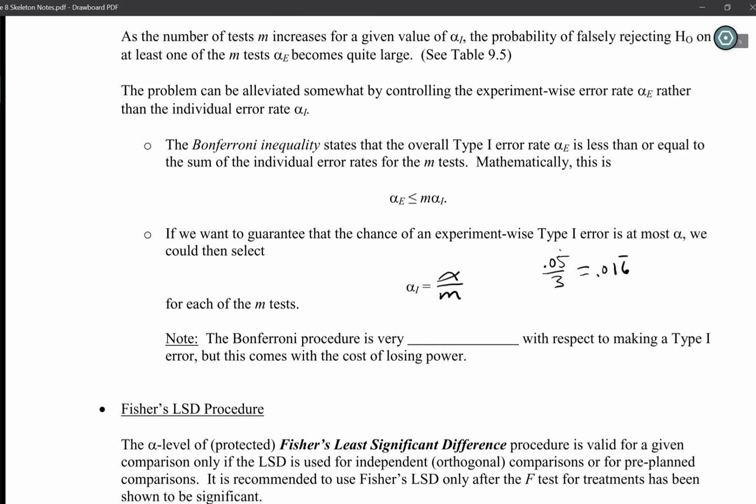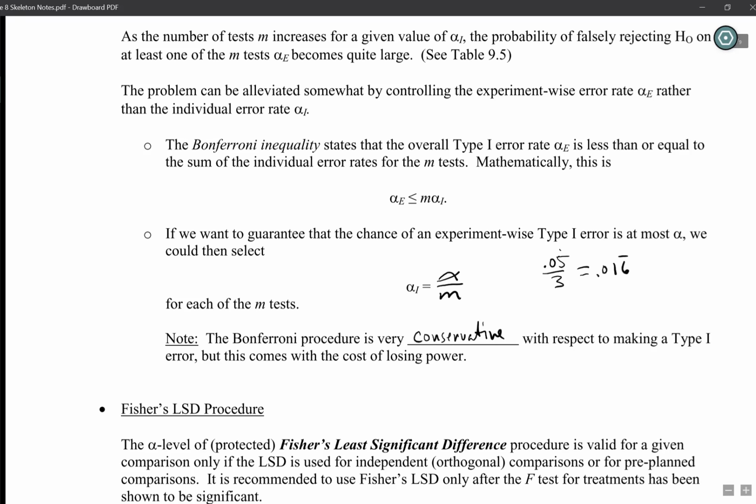Now, the Bonferroni procedure is actually very conservative with respect to making a type 1 error, but this comes at the cost of losing power. So it's conservative. You're protecting yourself against a type 1 error, experiment-wise.